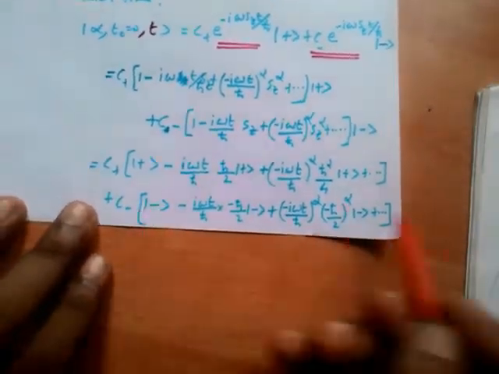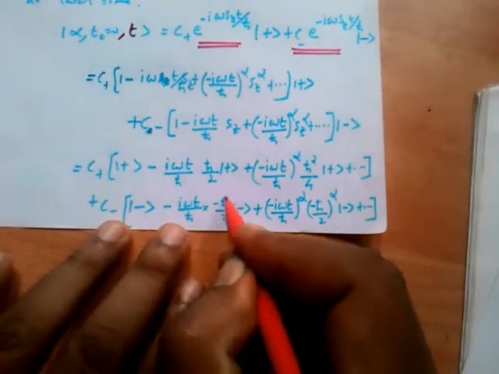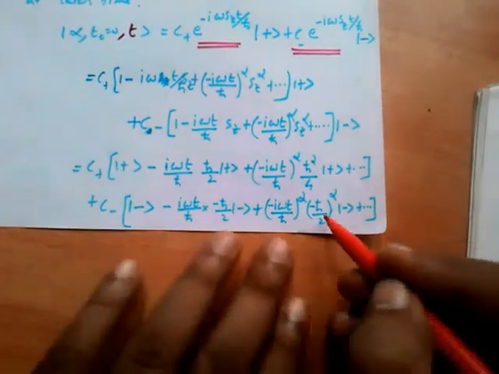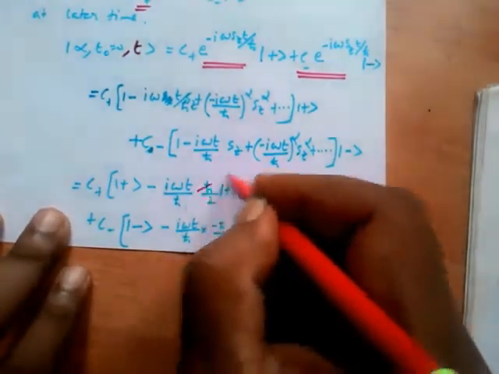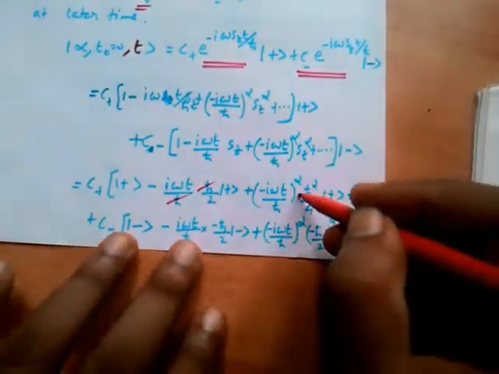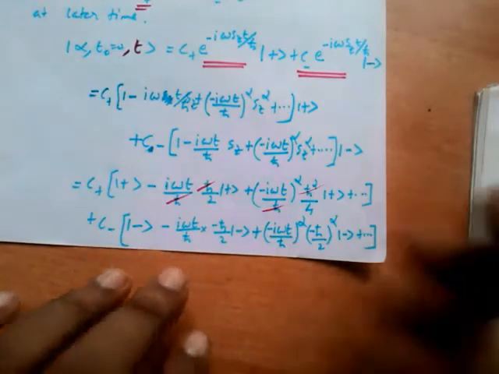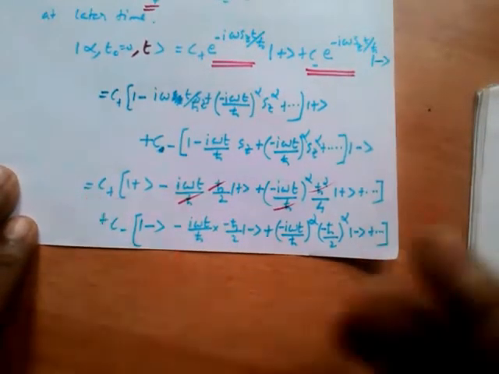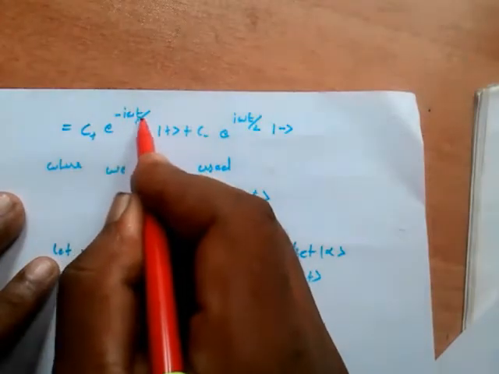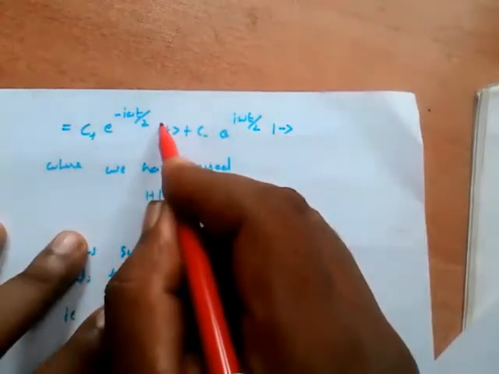Here also it's like that: we will get an eigenvalue minus ħ over 2 and minus ħ over 2 whole squared. The ħ and ħ will get cancelled, the ħ squared will get cancelled, and we can again write it as c plus e raised to minus i ω t over 2.